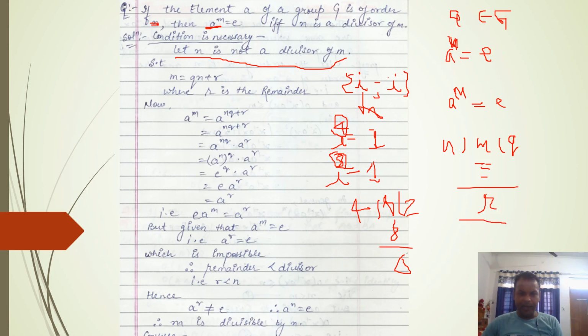If we get the remainder r, then m is not completely divisible by n, else we would get remainder 0. So m can be written as nq plus r.